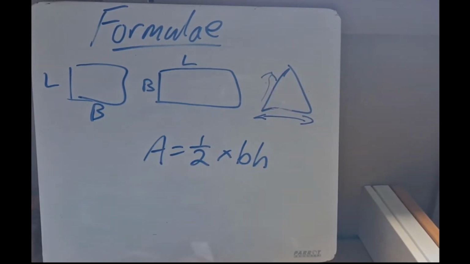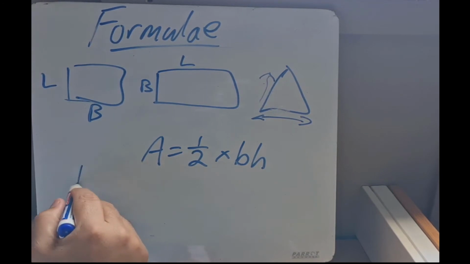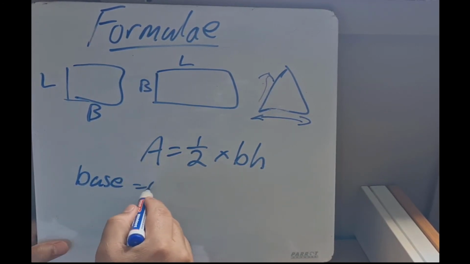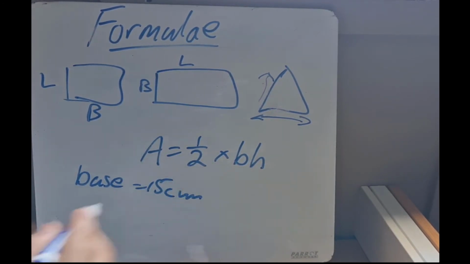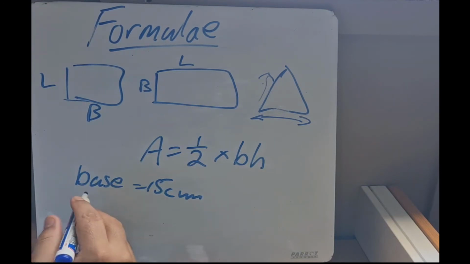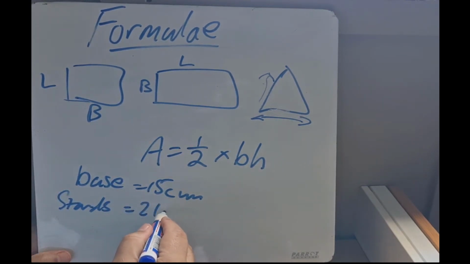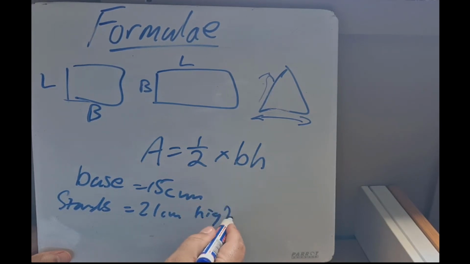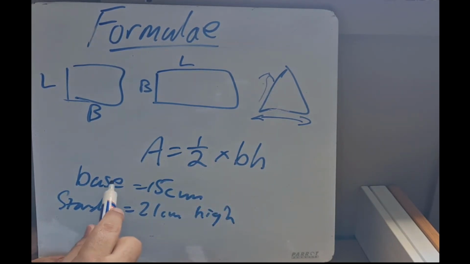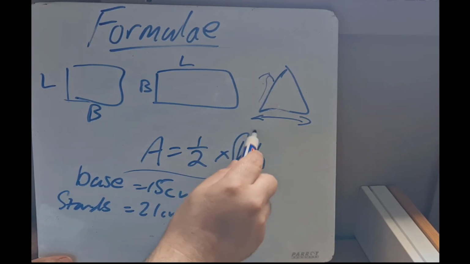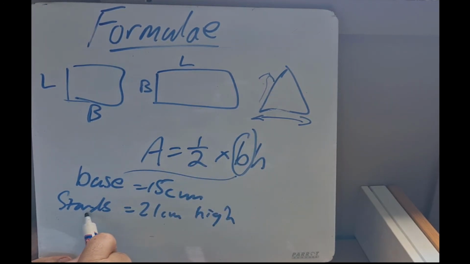So for example, they could tell you that the base of a particular triangle is 15 centimeters, and they could tell us that it stands 21 centimeters high. So are they giving us the breadth? Yes, the base, there's our base, right? It stands 21 centimeters high.